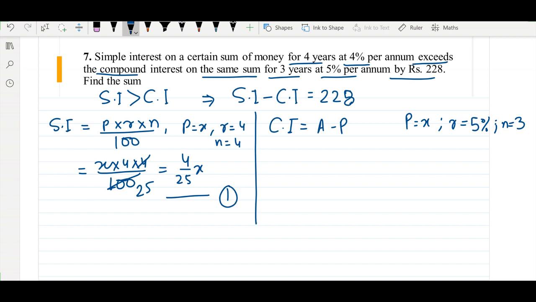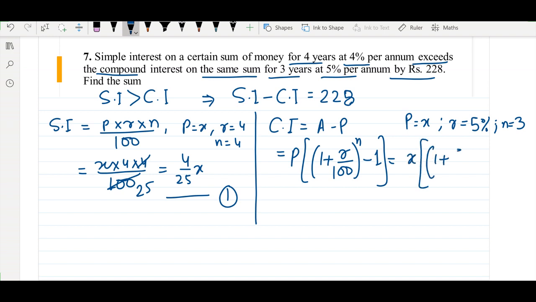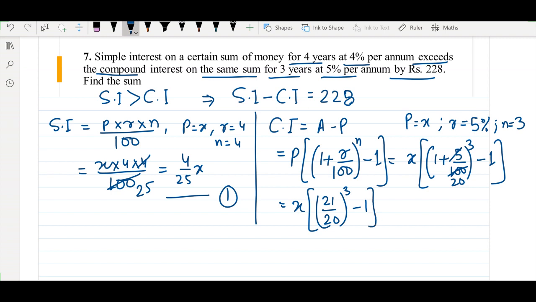We have solved so many questions of this type, so I can write directly P times (1 plus R over 100) to the power n minus 1. Let's substitute the value. We will get x times (1 plus 5 over 100) to the power 3 minus 1. 5 over 100 is 1 over 20, so we will get x times (21 upon 20) whole cube minus 1.